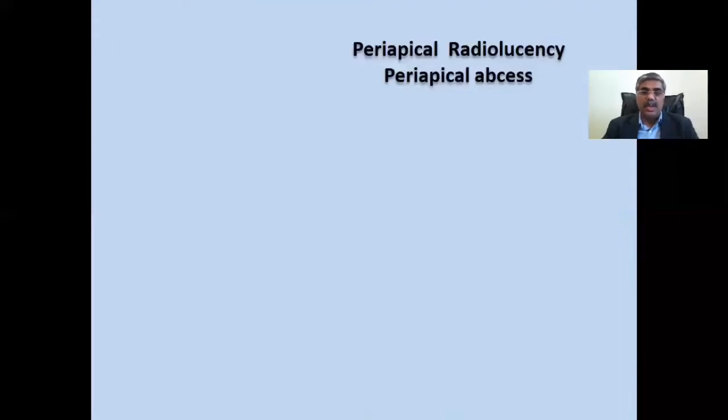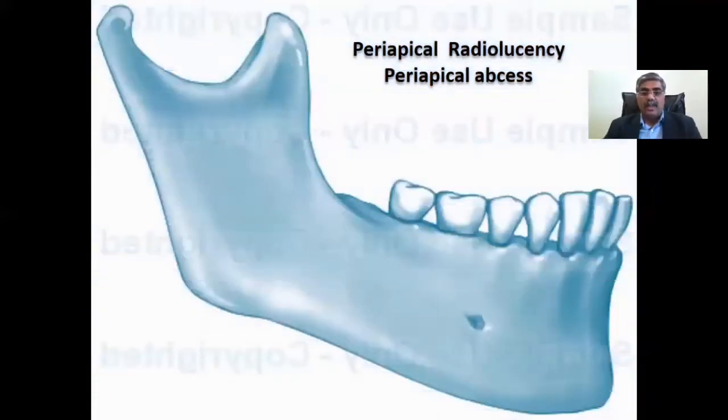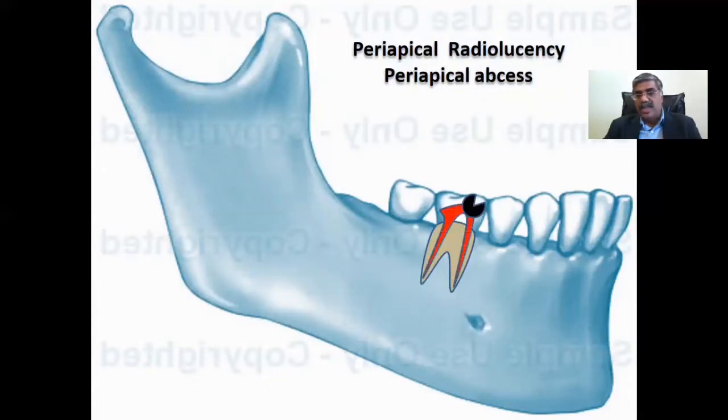So let me show you a graphical representation how a periapical abscess can evolve. So imagine this is a mandibular first molar, and you have the two roots, the pulp chamber and the root canal. And when the caries affects the pulp chamber, it results in pulpitis, and the pulp will go for necrosis.